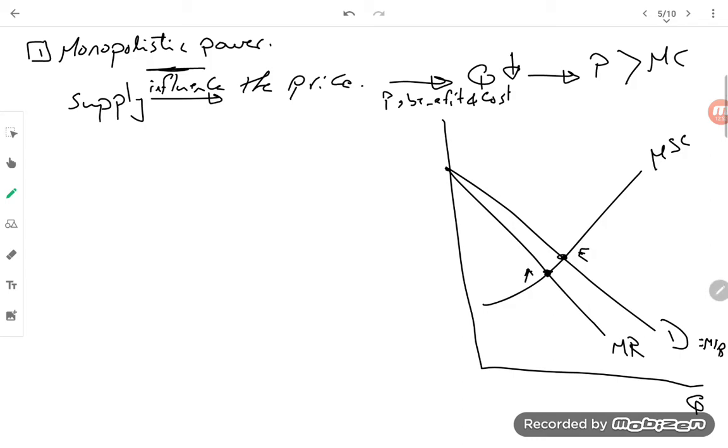So at point A, this is the quantity in case of monopoly, and this is the quantity that should be sold if there is no monopoly, or if there is perfect competition.